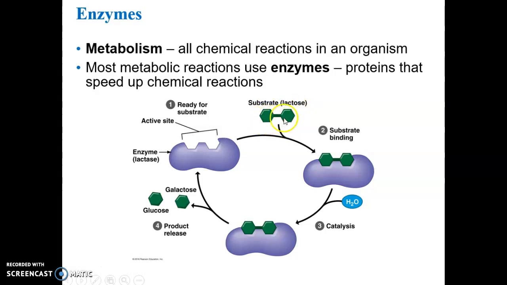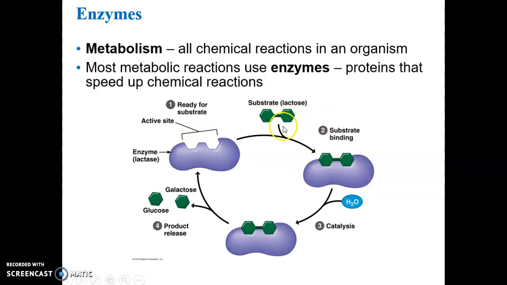Two monosaccharides linked together. It's the starting material, so it's called the substrate for a chemical reaction. The substrate, lactose, latches onto the enzyme, or the enzyme latches onto the substrate, lactose, in a special binding site that is specific for lactose.